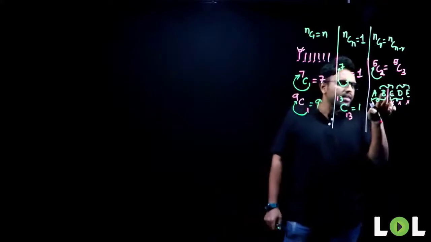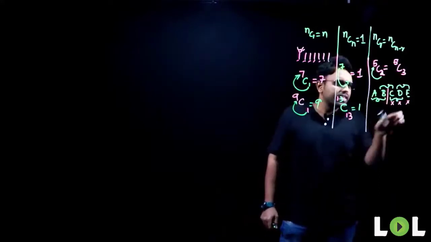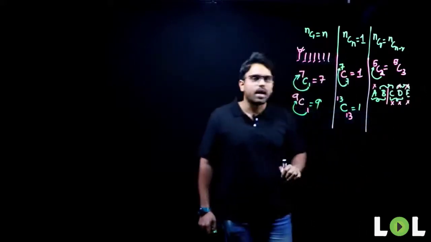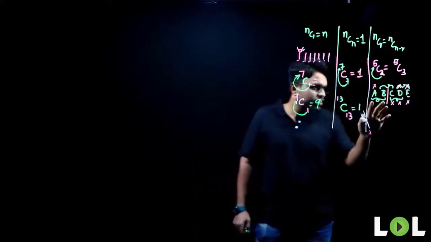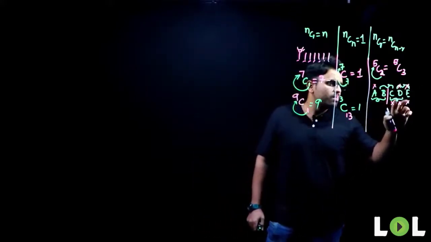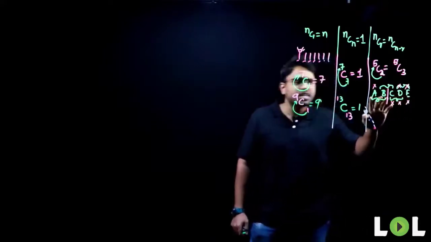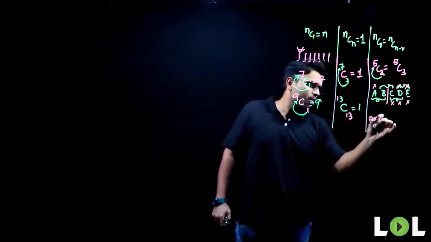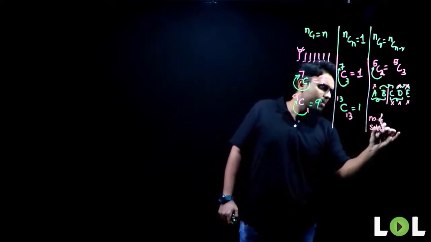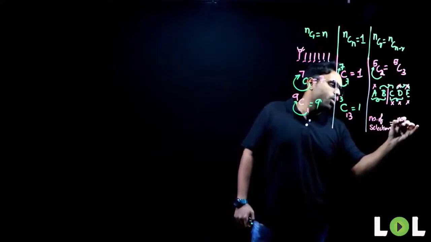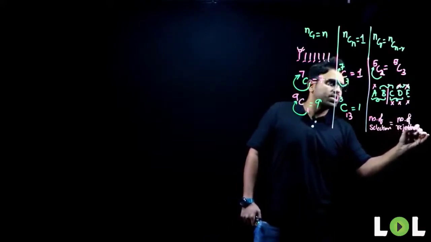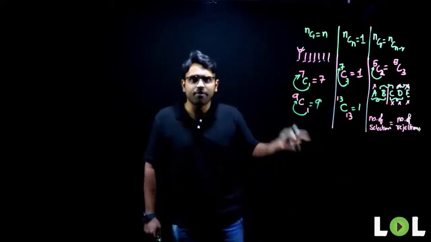When I am selecting the first and the second, the rest of the 3, that is C, D and E, I am rejecting. When I am selecting the last 2, I am rejecting the first 3. So my number of selections is equal to the number of rejections.